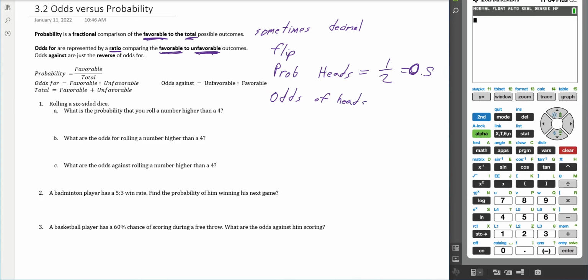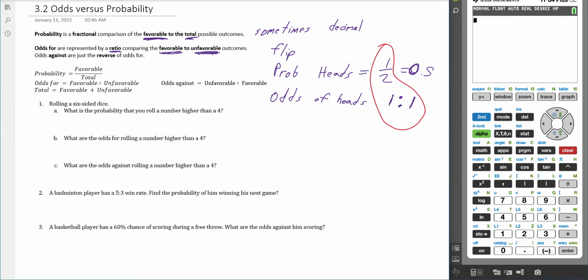The odds of getting heads is 1 to 1, because 1 is favorable and 1 is unfavorable. Tails would be the unfavorable. The difference becomes pretty clear once we show it like this, with obviously different values, 1 and 2, and 1 and 1.